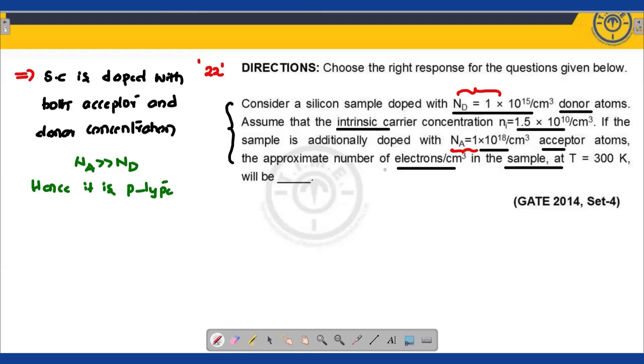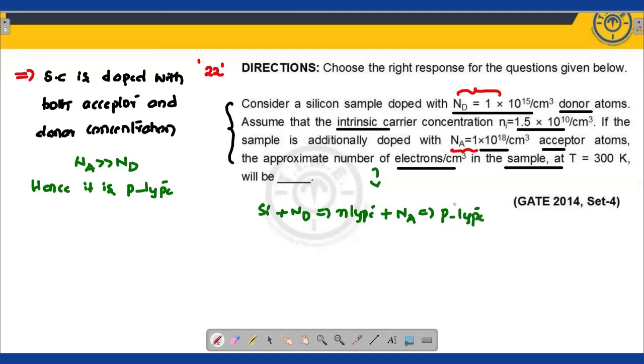He is asking the number of electrons, that is, the electrons in the p-type semiconductor. Initially the silicon sample is doped with Nd and forms N-type. But this N-type semiconductor is additionally doped again with Na, so it forms a P-type semiconductor.